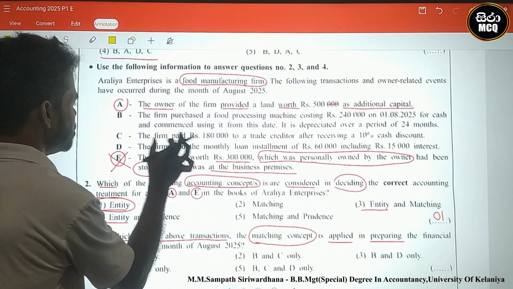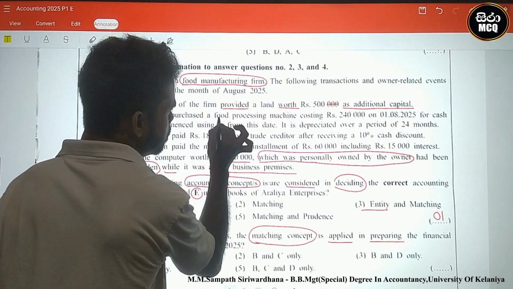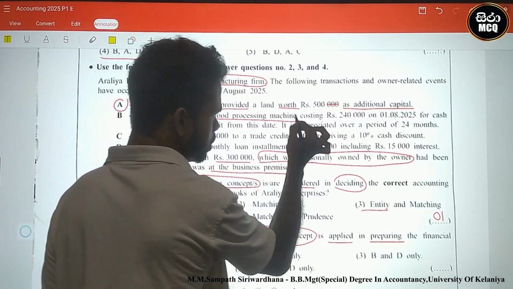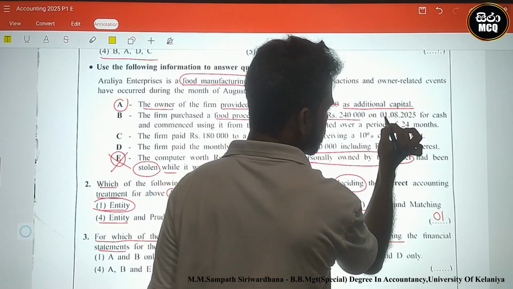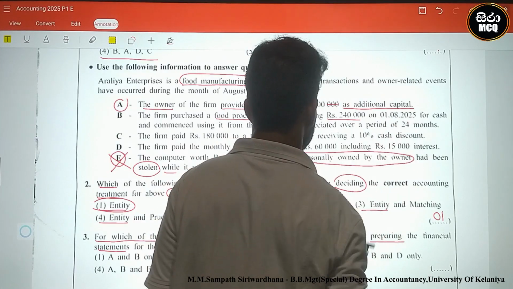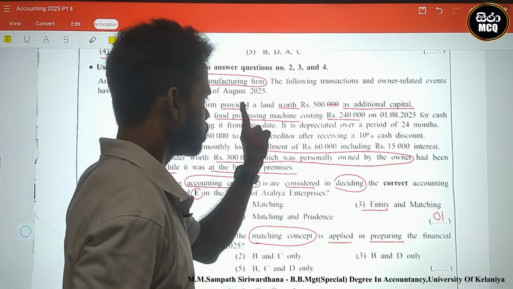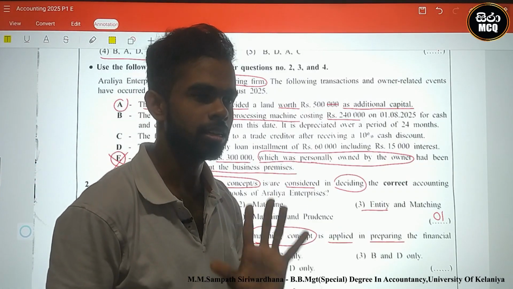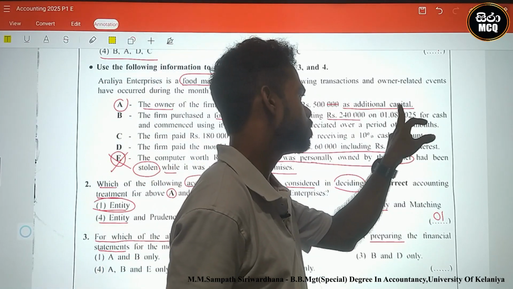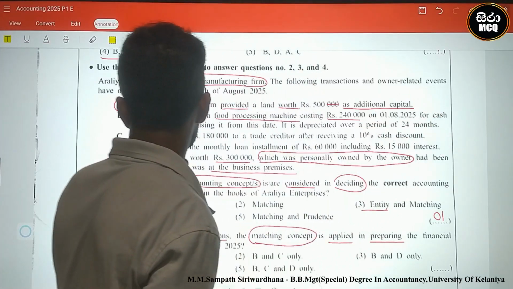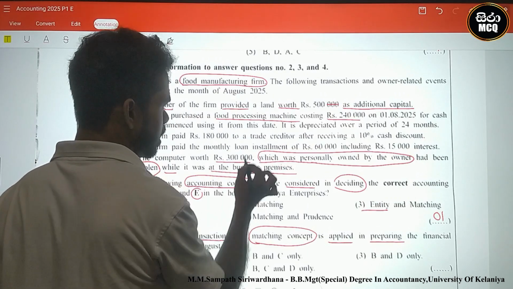B, the firm purchased the food processing machine costing 240,000 on 1st August 2025 for cash and commenced using it from this date.